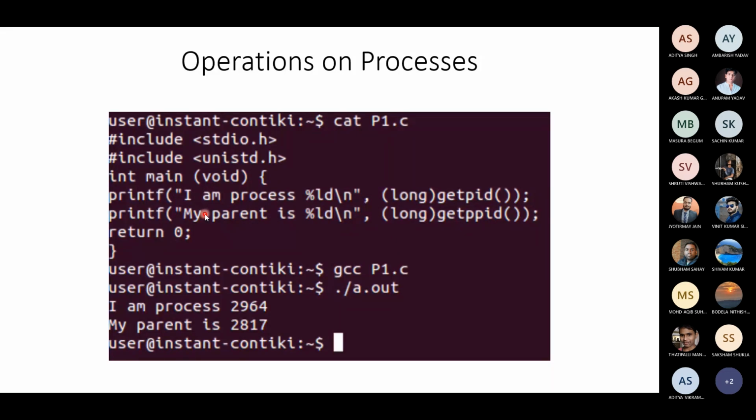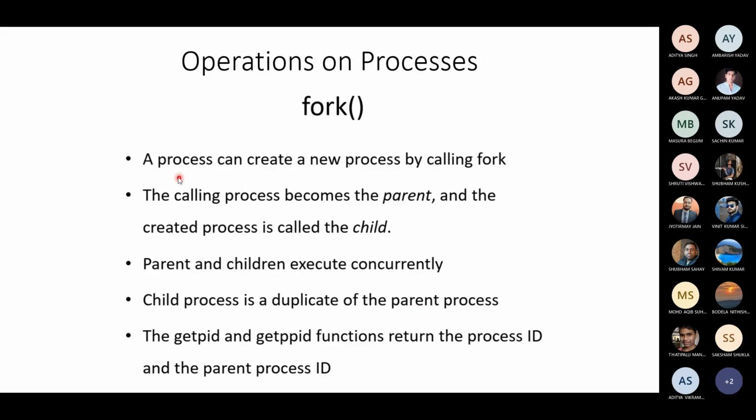You read this again, what I have defined here: the process can create a new process by calling fork. So in order to create a new process, there should be an existing process. One process can create another process. Is that clear up to that point? Yes, sir. Using the fork system call.